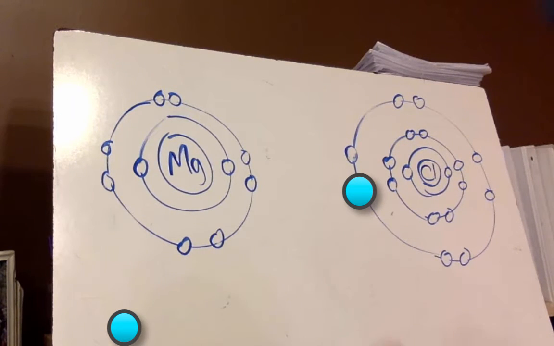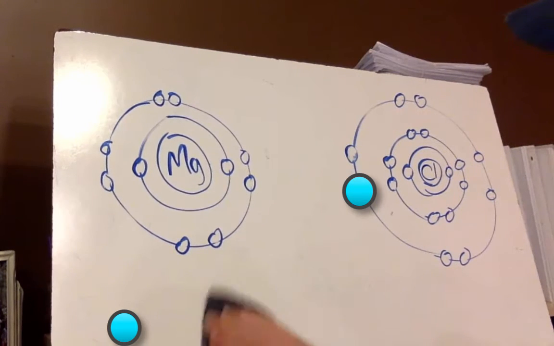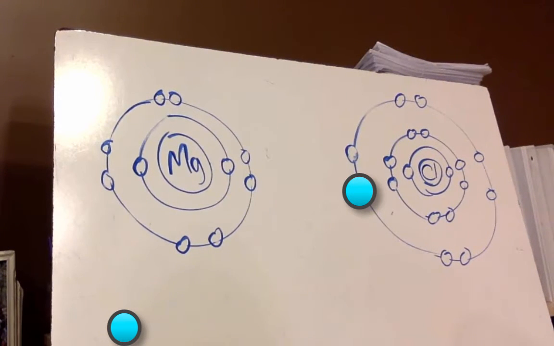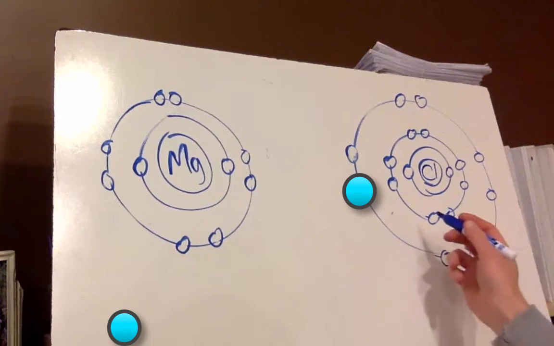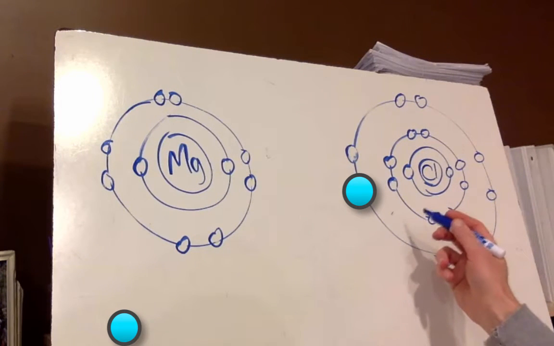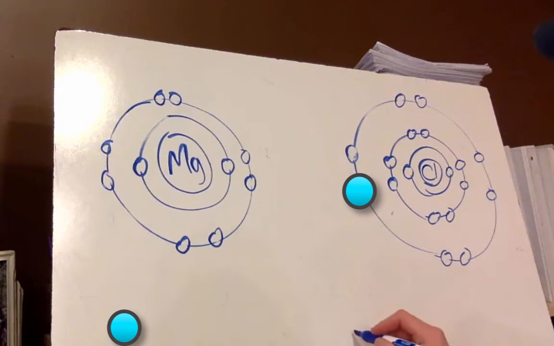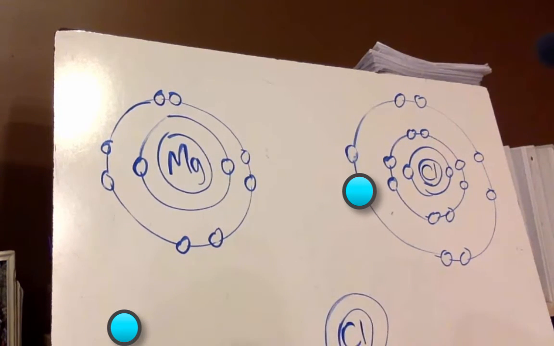So usually, what we'll find out with bonding a little bit later is that for every magnesium, it can give one of its extra electrons to one chlorine, and then if there was another chlorine sitting out there somewhere, it would pick up the remainder.